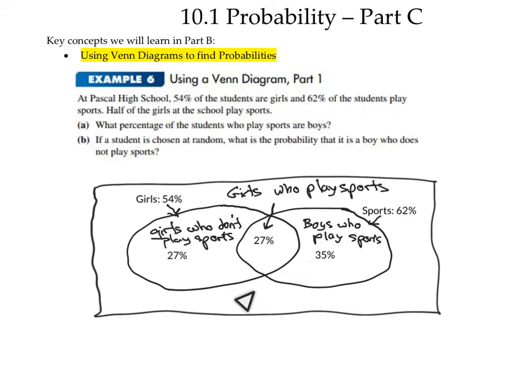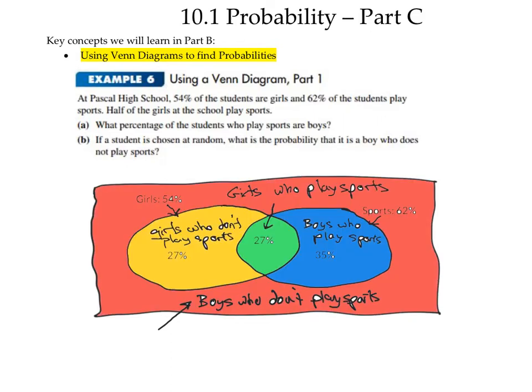What is this region out here? Clearly, if you're in the region inside the rectangle and outside of the two ovals, you can't be a girl and you don't play sports, so this region would be boys who don't play sports.